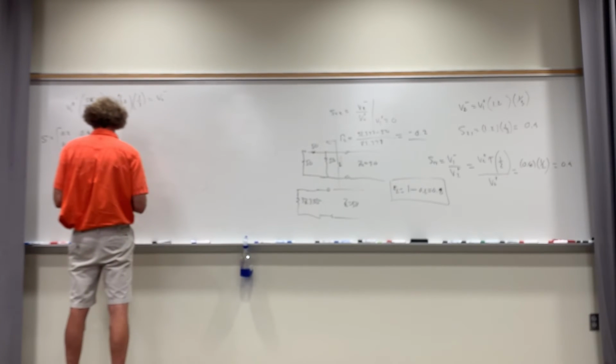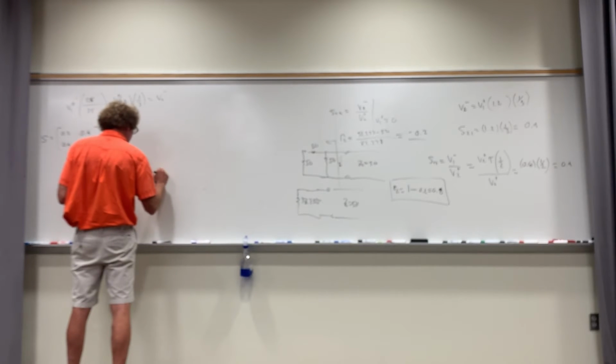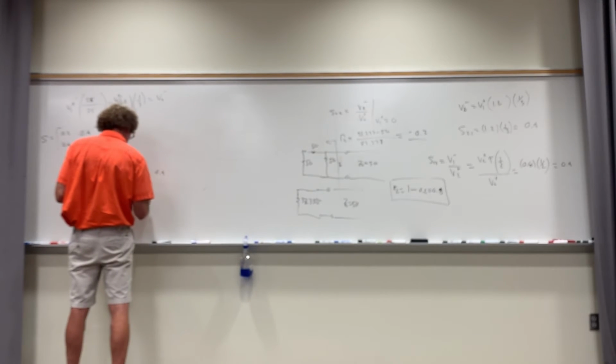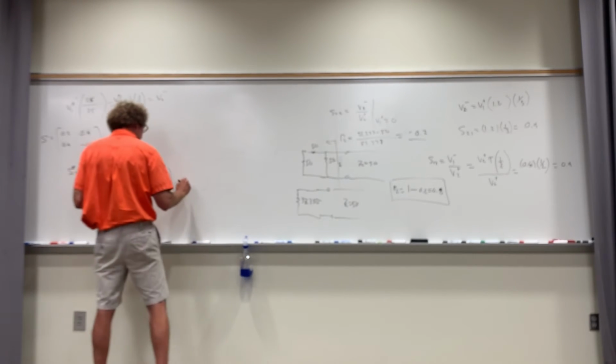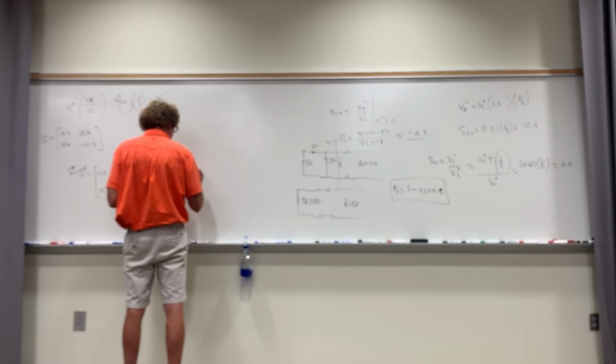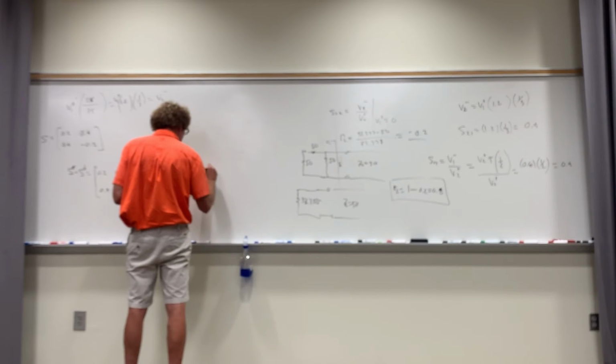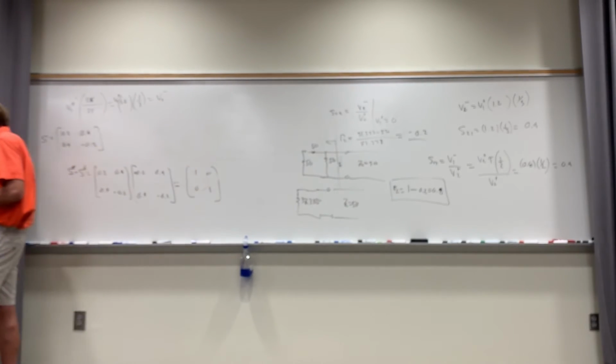And then it's going to be times the transpose of the matrix. Well, that's going to be minus 0.2, 0.4, 0.4, minus 0.2. And if that comes out to be just the identity matrix, then it is lossless. That's what you did in the book, right?